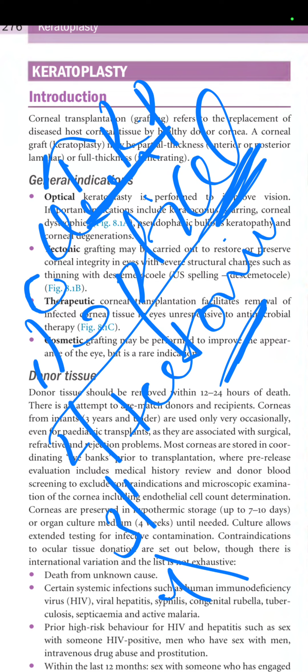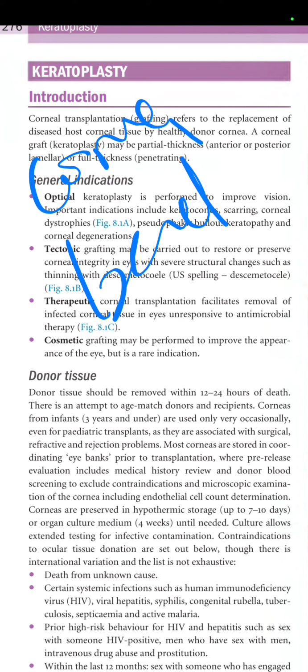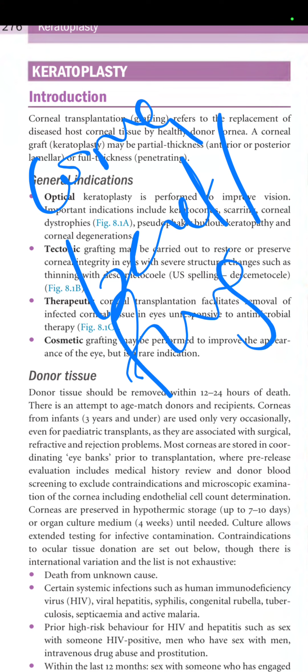And third is therapeutic. Therapeutic means when you replace a diseased cornea, like if the cornea is infected with bacteria or fungi and you are unable to get rid of the infection with topical treatment, then you may do keratoplasty. You remove all the diseased cornea with infection and replace it with healthy cornea. And the other, very much less common, is for cosmetic purposes.